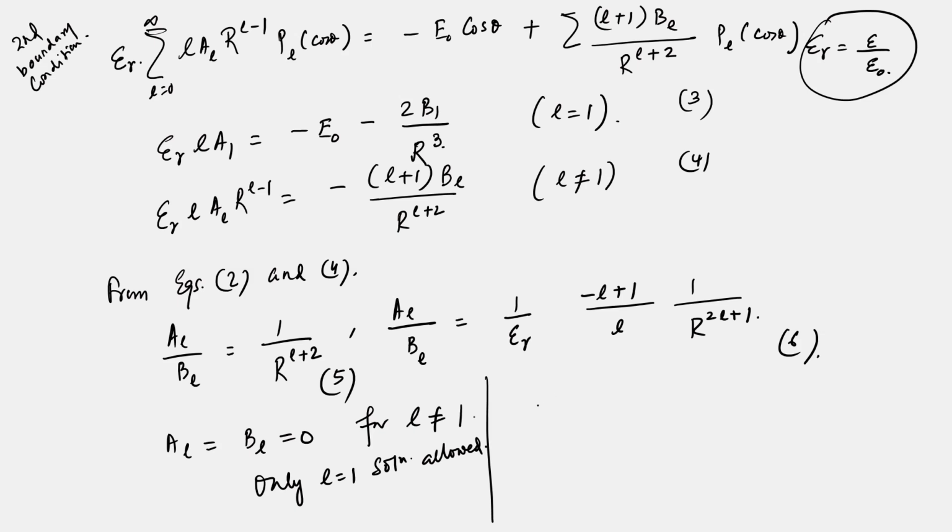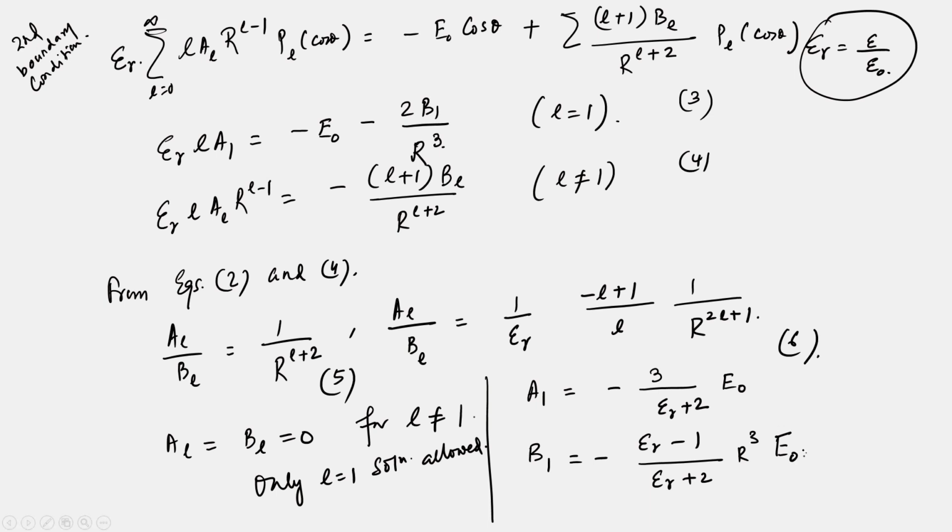All right. So, that tells us that we have only two coefficients that we need to determine, and that is A_1 equal to minus 3 divided by (epsilon_r + 2) times E_0, and B_1 equal to minus (epsilon_r - 1) divided by (epsilon_r + 2) times r^3 E_0.